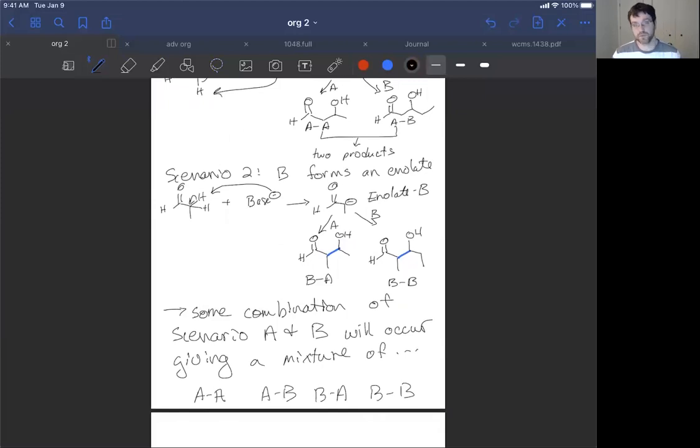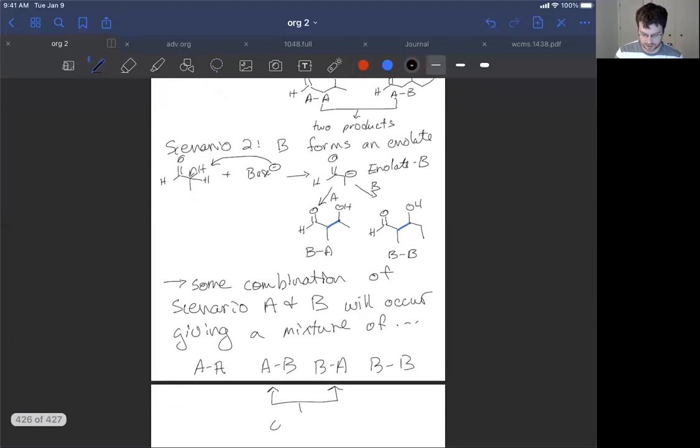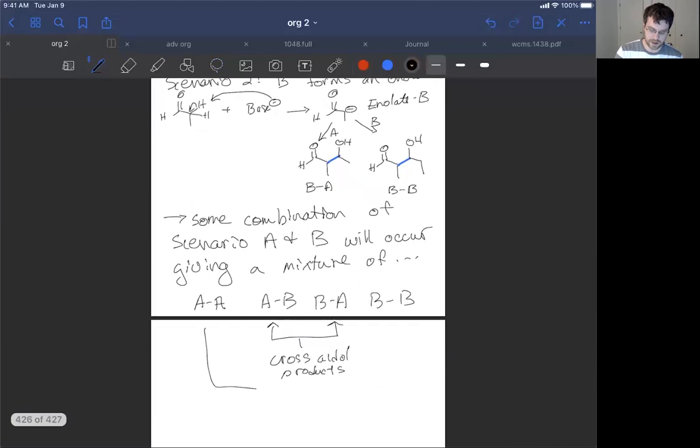And so, did we do a cross-Aldol reaction? Well, kind of. BA and AB, these are cross-Aldol products. But AA and BB are self-Aldol products.